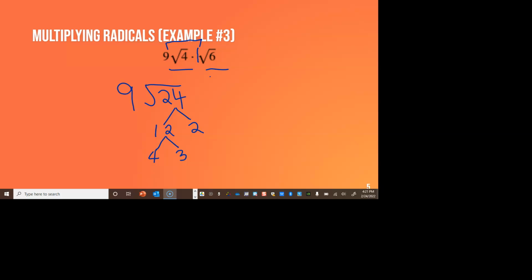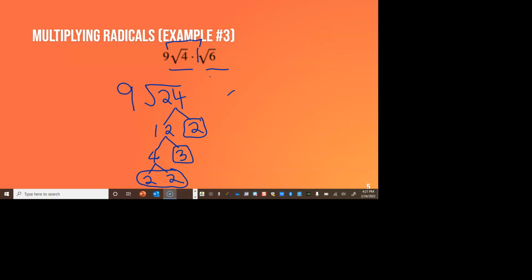And 4 can be simplified again as 2 times 2. So you break down all the numbers until you cannot break down anymore. And then this is a pair, so you circle the pair, and you box the extra numbers.